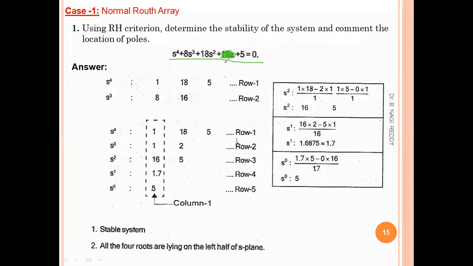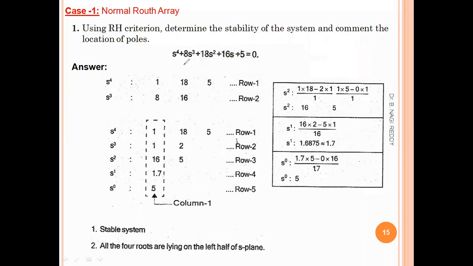Directly, you can write this comment for that question, or you can pick that option from the quiz. Okay, so everyone, while constructing the Routh array, must check this: is any s power missing or not? You must check this.